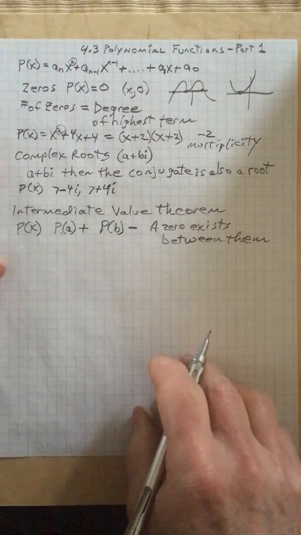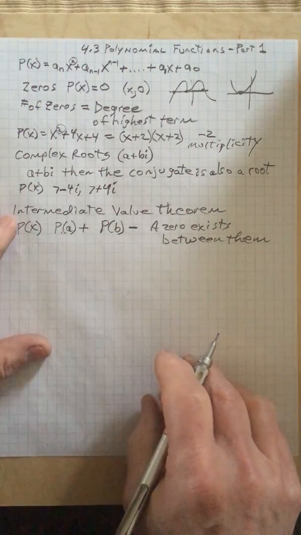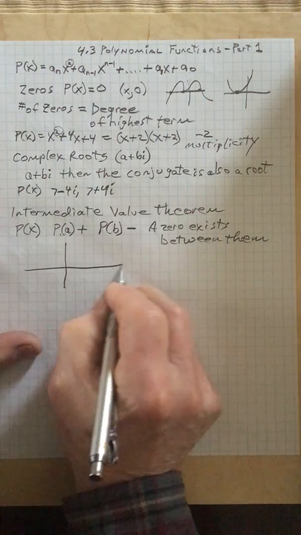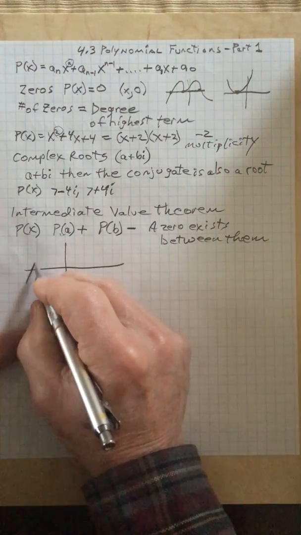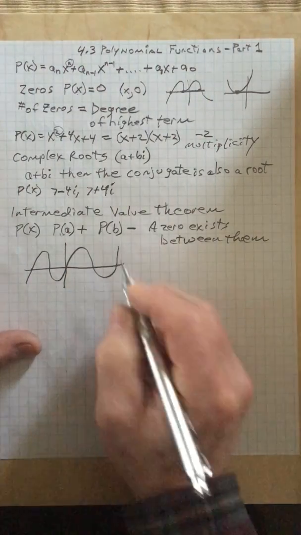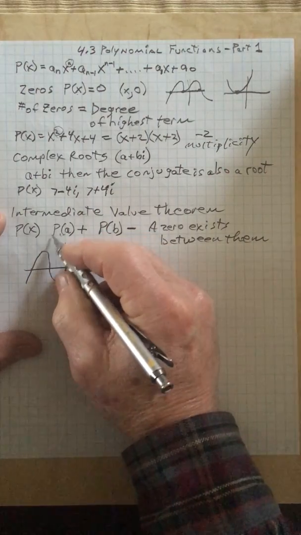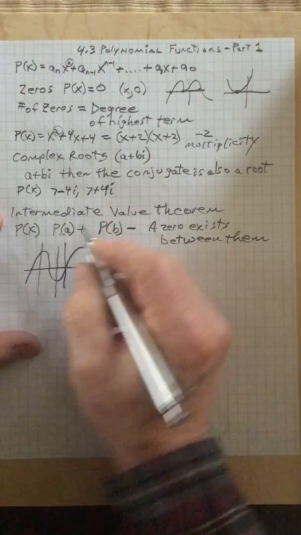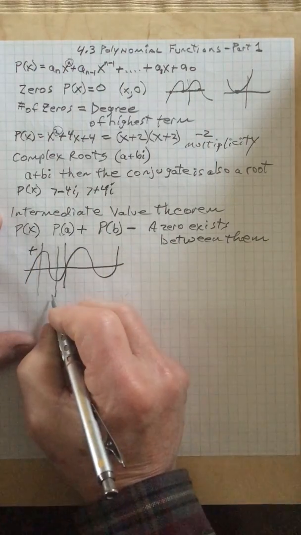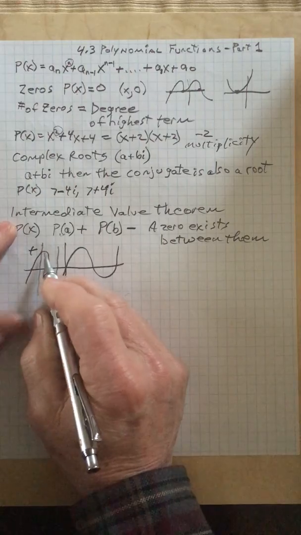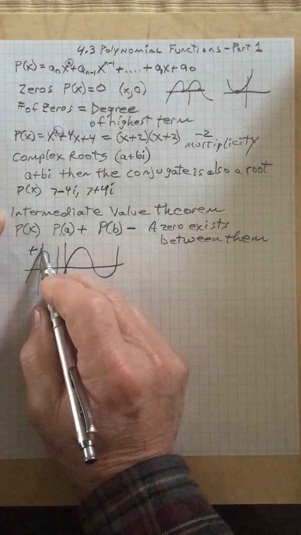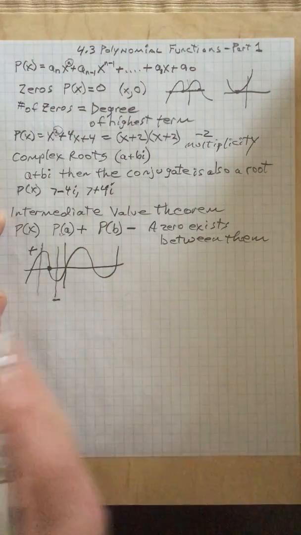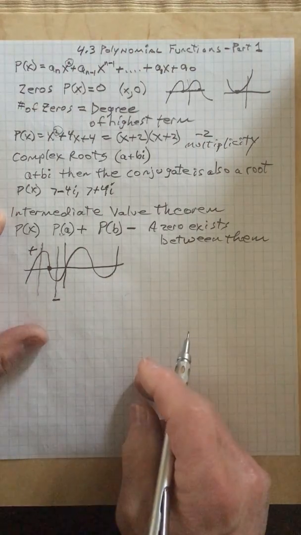You can see this. I mean, this is pretty basic. If we had a graph here, and I checked here, say that was p of a, and that was p of b. This is positive, this is negative. Obviously, to get from above the x-axis to below, you got to cross it. So you're going to have a 0 between those 2 points.